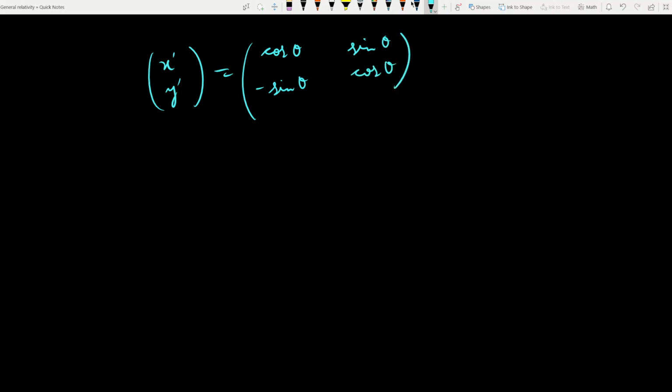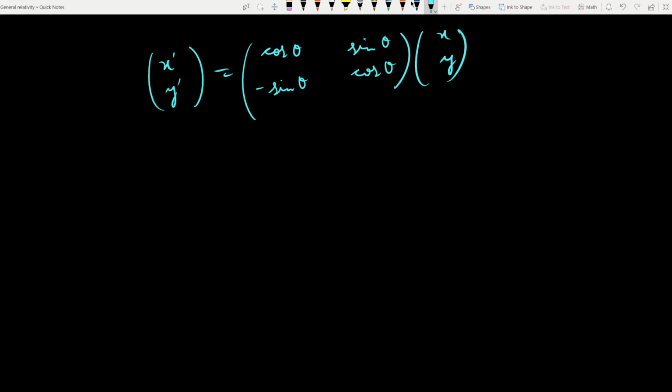So we can represent our new sets of coordinates by x prime and y prime, and the transformation matrix will be cos theta, minus sine theta, cosine theta on xy.